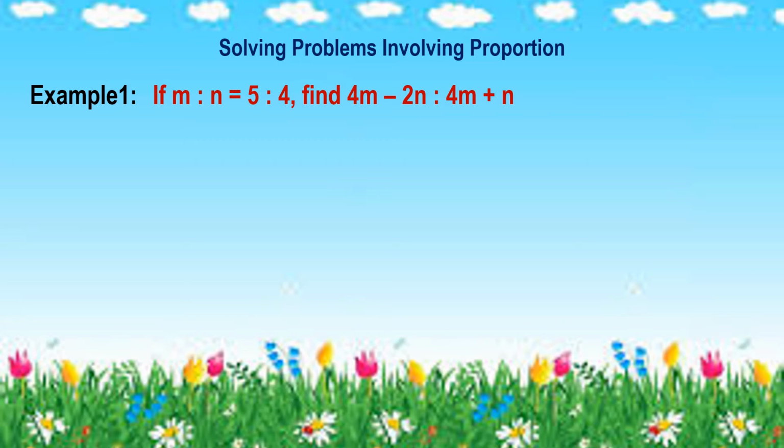Solving problems involving proportion. Example number 1. If m is to n is equal to 5 is to 4, find 4m minus 2n is to 4m plus n. For our solution, first, the given proportion, let us rewrite it in fraction form. So we have m is to n is equal to 5 is to 4.